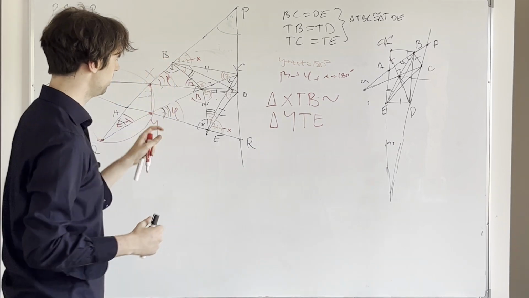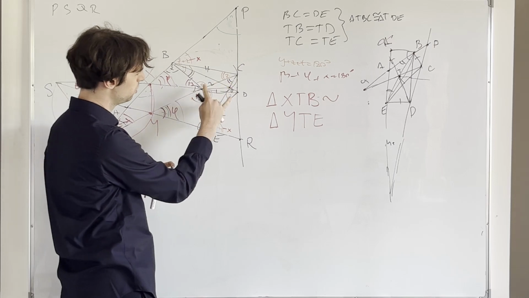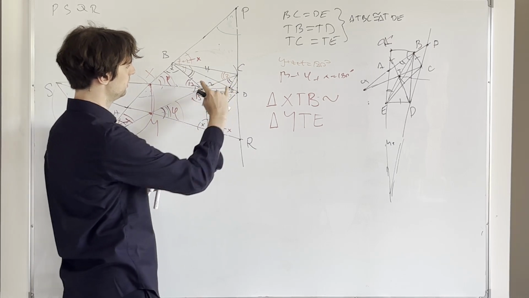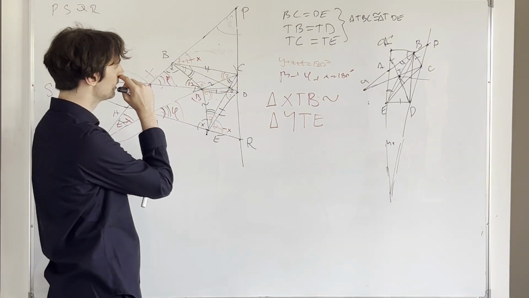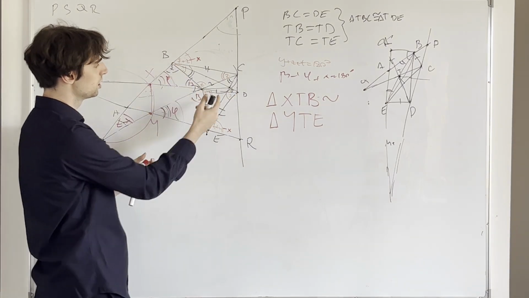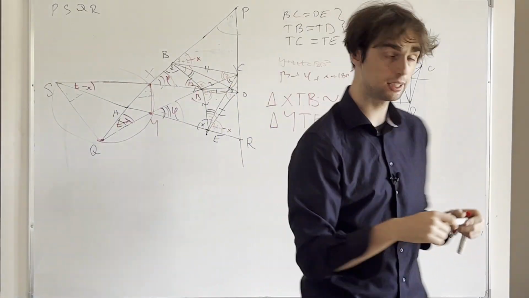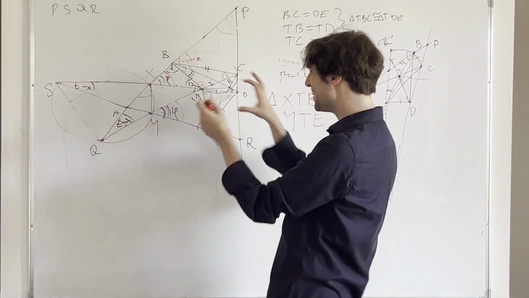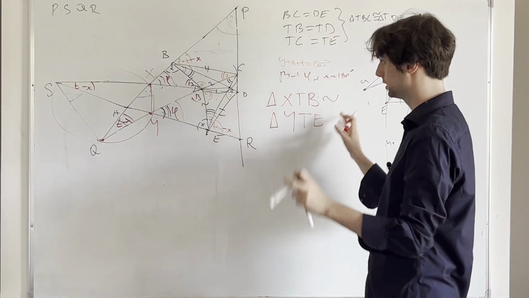I want to see if there's anything I can do when I look at D instead, like TD instead of BT. Maybe it's something, maybe there's nothing. There's many different things we could look at here. So let us see what the similarity gives us.